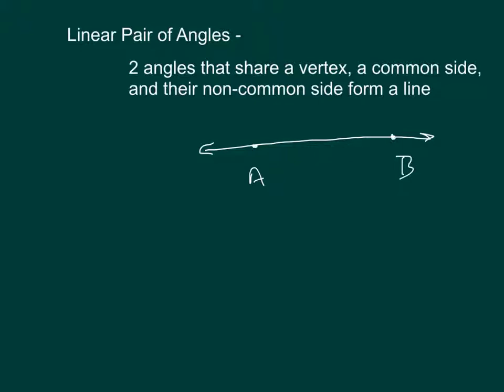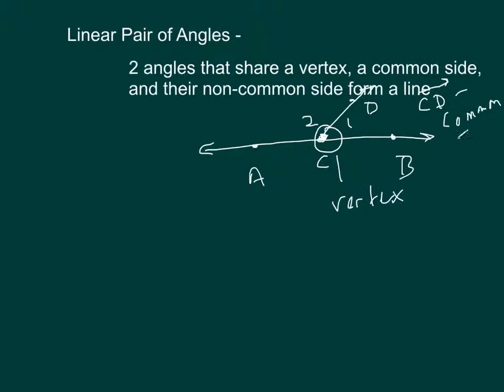And I put in ray CD. I've now created angle 1 and angle 2. The vertex they share is this point here, C. In terms of their common side, ray CD would be the common side.